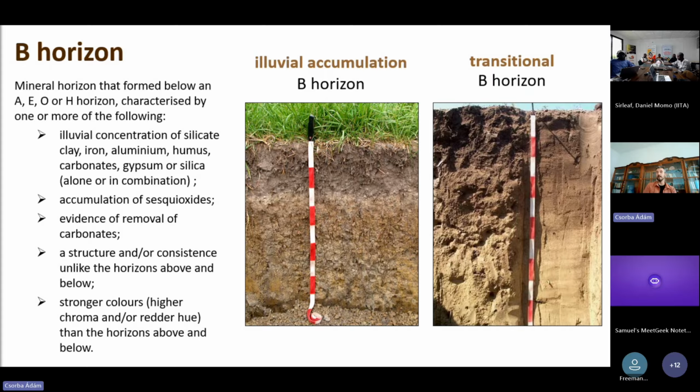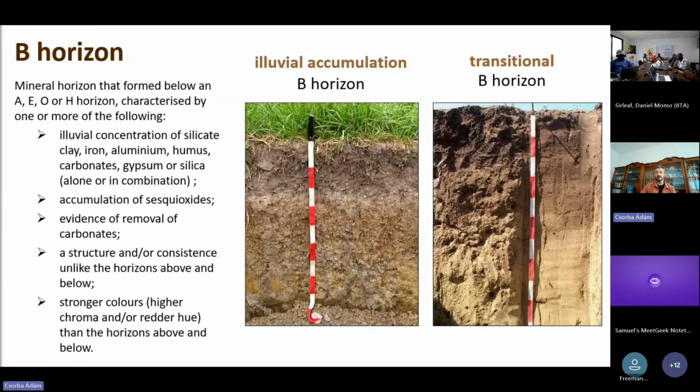The evidence may take different forms. It may be an accumulation of clay, iron, aluminium, organic matter, and other substances. And these are so-called illuvial accumulation B horizons.